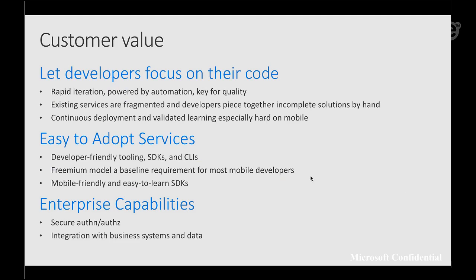All right, so where does Mobile Center kind of figure into this? Well, Mobile Center is an aggregation of services designed primarily to help developers ship higher quality code faster, and importantly here, at a known level of quality. And that is all intended to help developers focus more on their code and less on the mechanics of shipping and data collection, right?